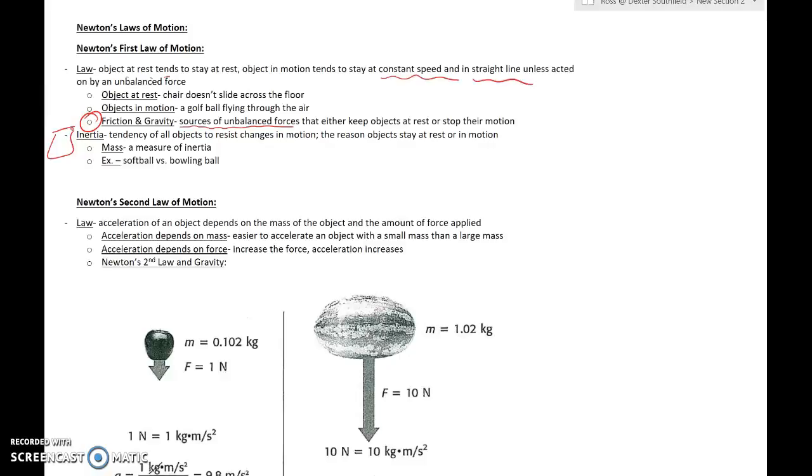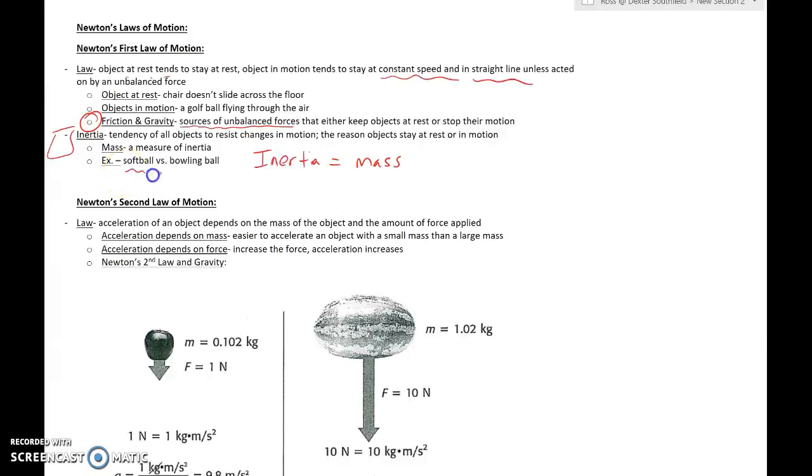So the more mass an object has, the harder it is to change its motion. We've known that forever. You've known that since you were 3 years old. You push a very light object, it moves very easily. You push a very heavy object, it's harder to start moving. So that idea of how easy or hard it is to start or stop its motion is called inertia. So let's just remember that inertia is really just the concept for mass, for how heavy an object is.